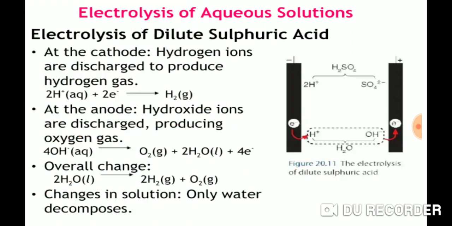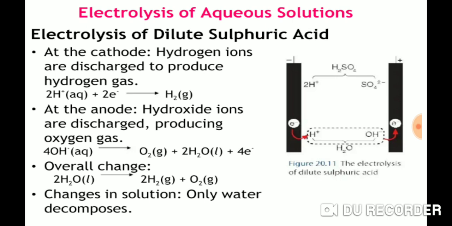Now let us discuss the electrolysis of dilute sulfuric acid. When we carry out the electrolysis of dilute sulfuric acid, at the cathode, hydrogen ions are discharged to produce hydrogen gas: 2H positive plus 2 electrons form H2.